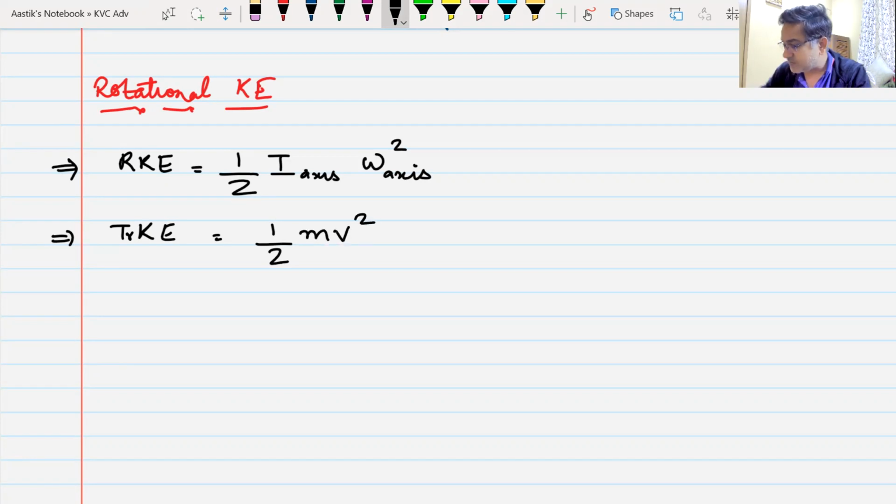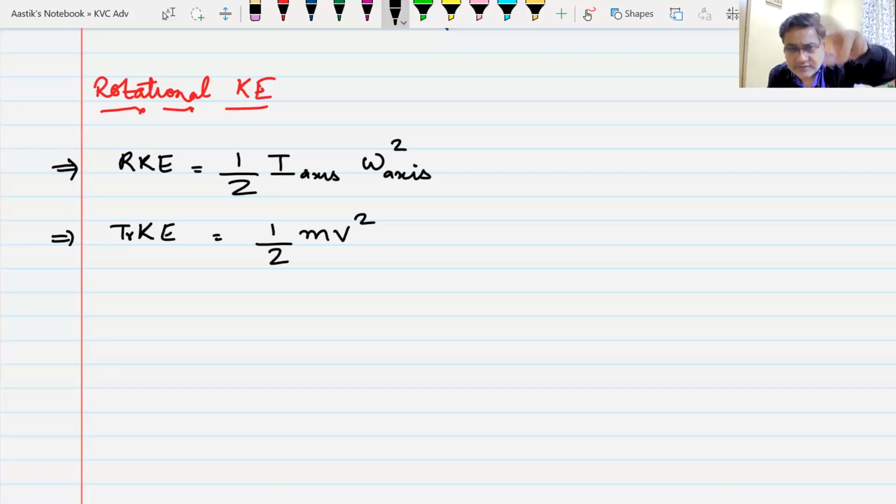If it is a point object, it can be written as half m v square. If it is a rigid body, a system of particles, then what will I write? This is the equation half m v square, which is applicable for any particle, any body.